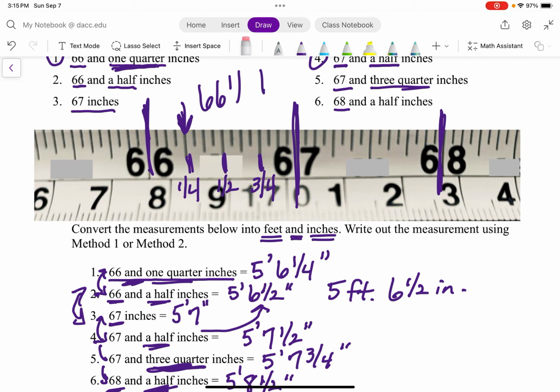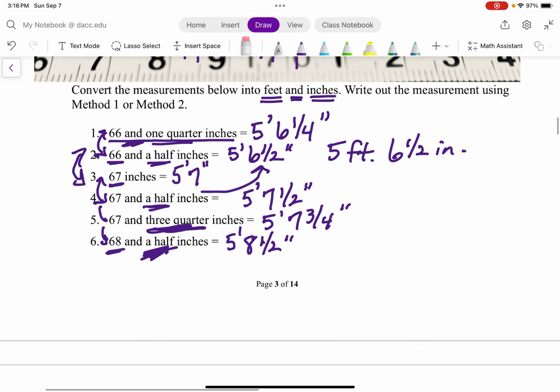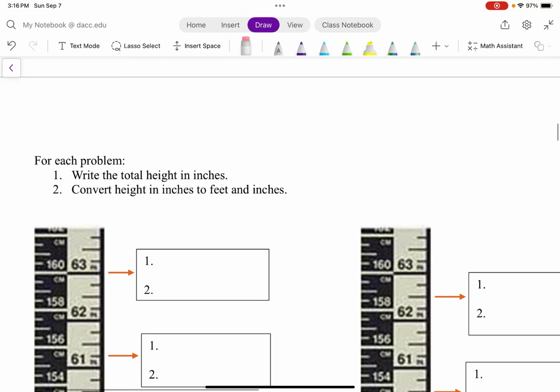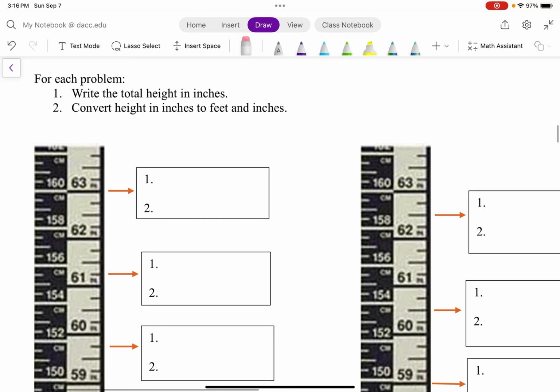Oopsie, not 1/2, silly, 1/4 pound. Okay, so reading weight this way is the same as what we've been doing when we're reading a ruler. So now let's look at height, because it's very similar to the ruler with weight.